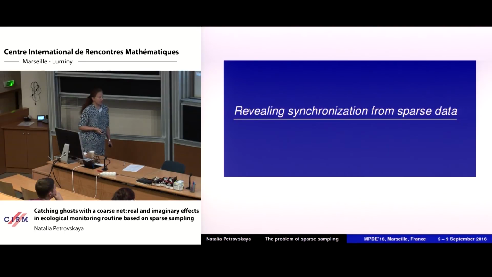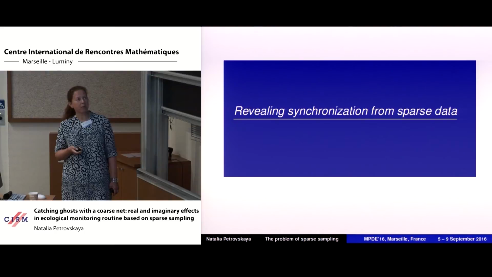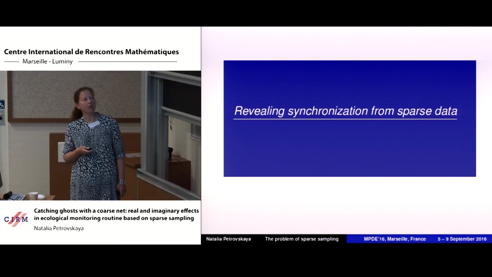Okay, so now let us go back and remember at the beginning we agreed that the total population size is input information in many ecological problems. So what happens if we have inaccurate evaluation of the total population size? I want to illustrate this problem with the example of synchronization.